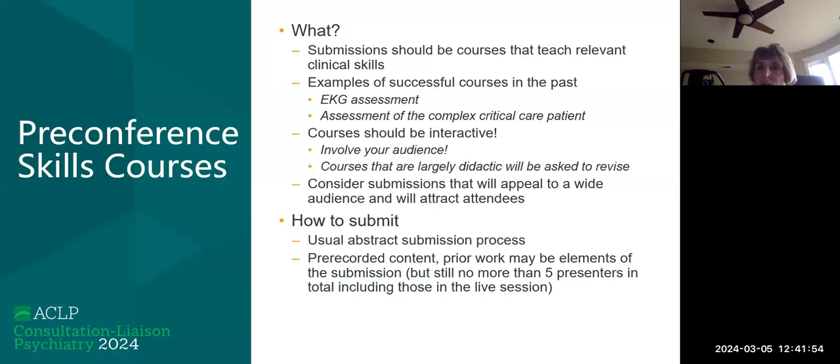Okay. Also, people can only be in one pre-conference course. So if your group is submitting 3 pre-conference courses and you have one person who's in multiple courses, we will be asking you, if we accepted them all, to substitute people. We will look at all the submissions, but one person can't teach in more than one course.